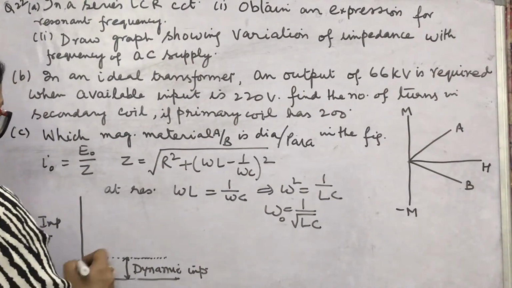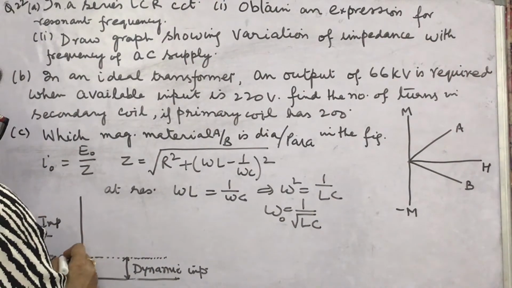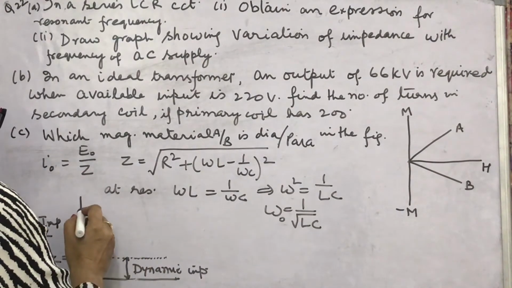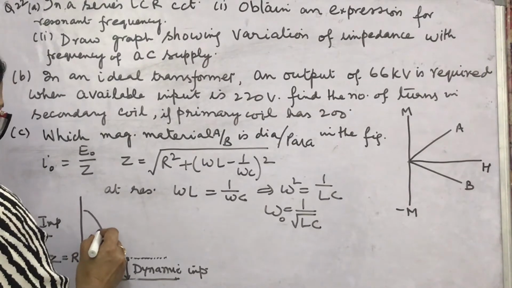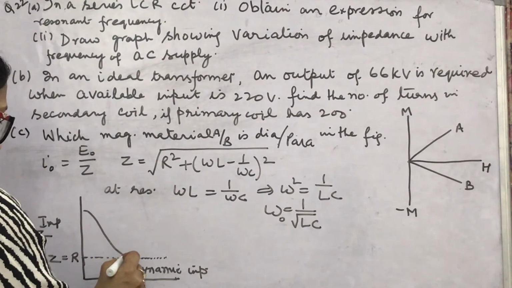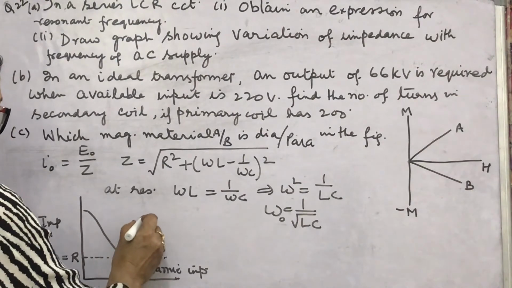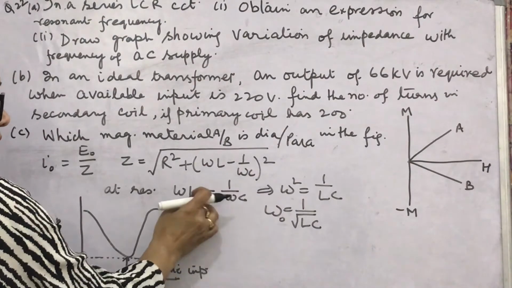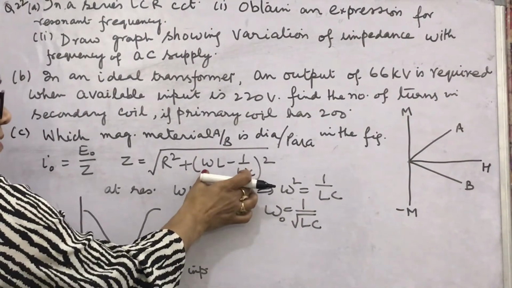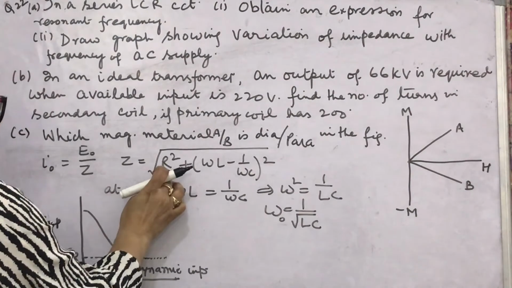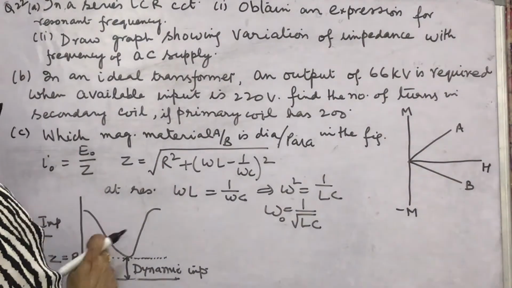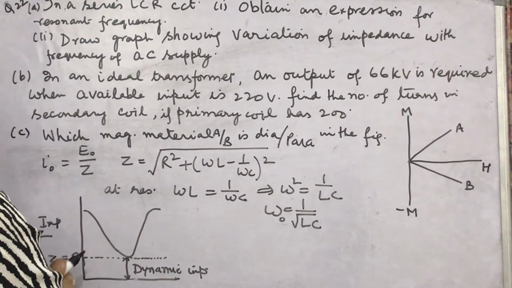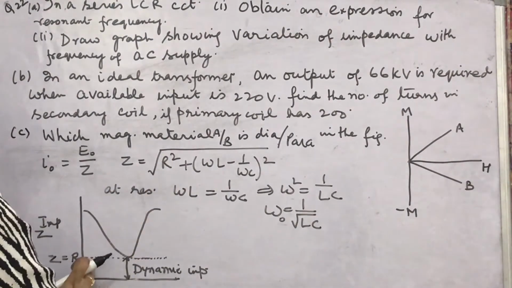Here at this point, this Z is equal to R, and the impedance is minimum or the current is maximum. You have seen that at resonance, omega L is equal to 1 by omega C, so this part becomes 0. Impedance becomes minimum, then current is maximum. So minimum impedance is here at this point when Z is equal to R. Z will be under root R square only.